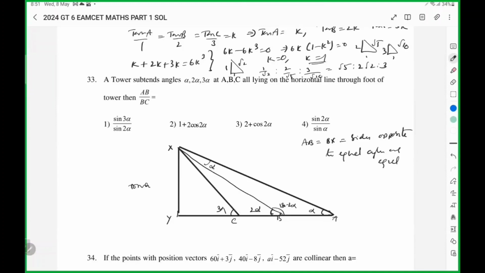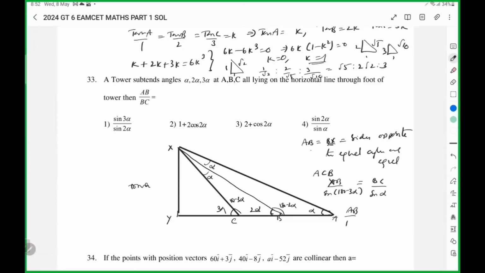Then it is 180 minus 3 alpha. It becomes alpha. Then you take ACB triangle. AB by sine 180 minus XB by 3 alpha is equal to BC by sine alpha. But we know that BX is same as AB.